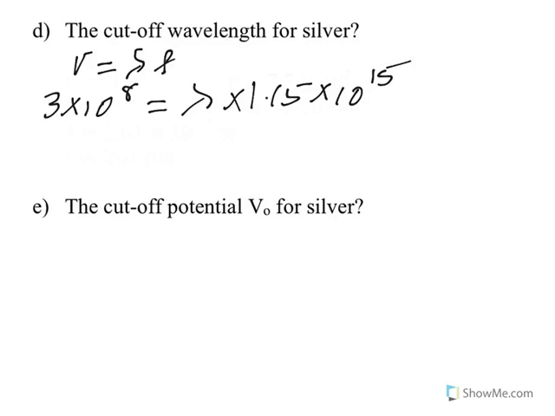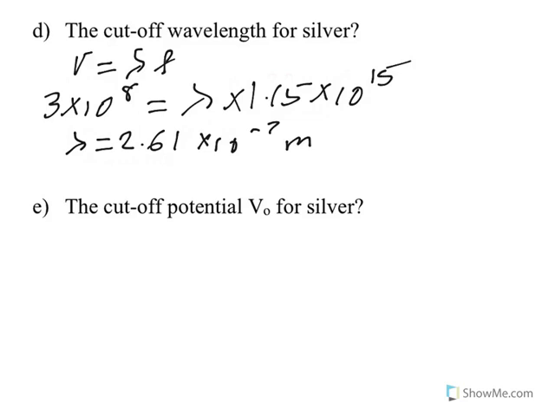So divide both sides by 1.15 by 10 to the 15, and you get that the wavelength is 2.61 by 10 to the minus 7 metres.